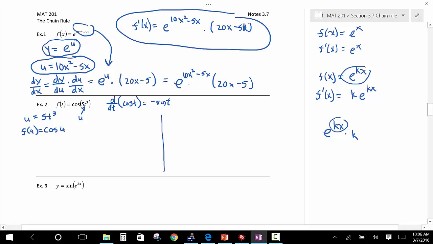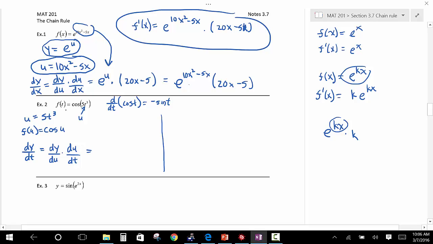If you're going to do the chain rule in Leibniz notation, you would really be doing dy/dt to start with because of that variable. So you do the derivative of y with respect to u, and then multiply that by the derivative of u with respect to t. You can kind of think of the du's going away, so you end up with what you're going for.